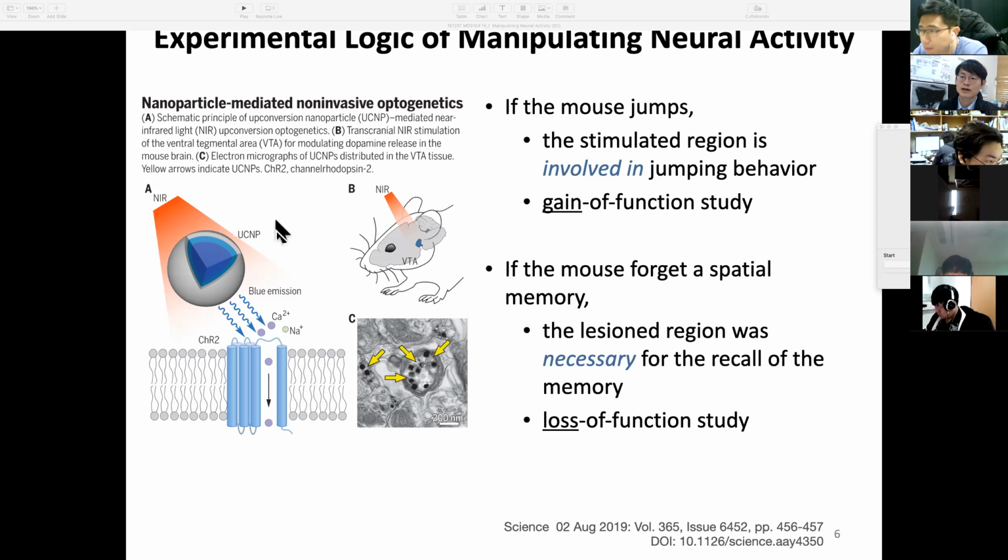In this example, I just want to show you a cool idea. Let's say the VTA area is quite deep inside the brain, and it's very challenging for optogenetics to shine light that deep.